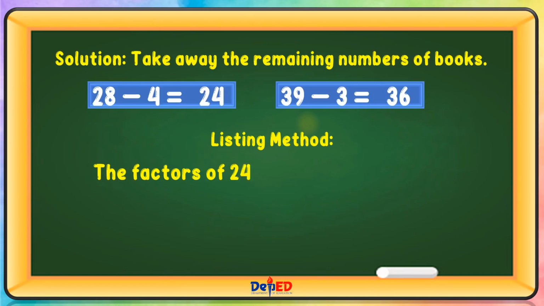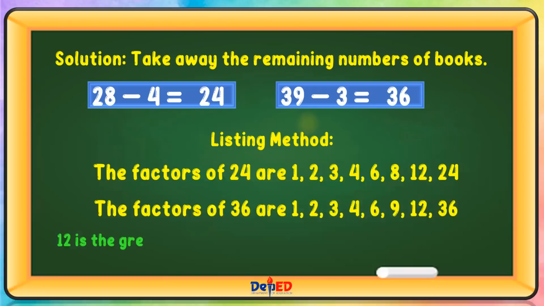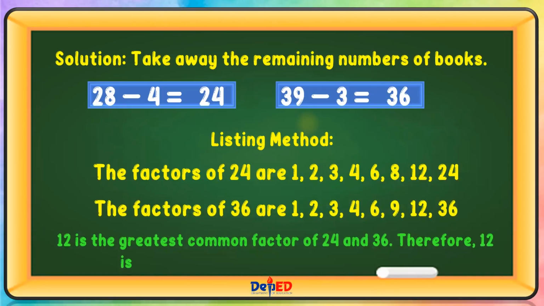The factors of 24 are 1, 2, 3, 4, 6, 8, 12, 24. The factors of 36 are 1, 2, 3, 4, 6, 9, 12, 36. 12 is the greatest common factor of 24 and 36. Therefore, 12 is the largest possible number of students.